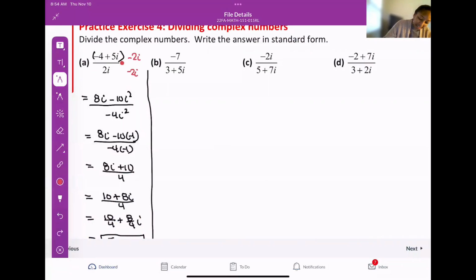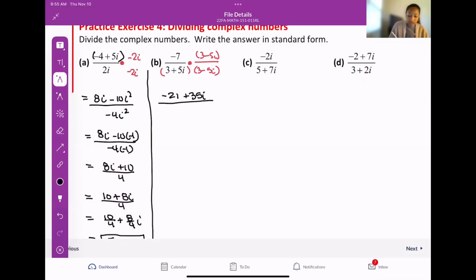For part B, we have negative 7 over 3 plus 5i. The conjugate of 3 plus 5i is 3 minus 5i. We're going to multiply the numerator and denominator by 3 minus 5i. That will give us, in the numerator, negative 21 plus 35i.